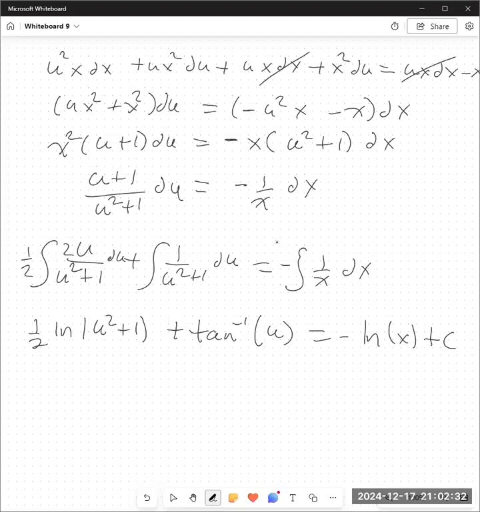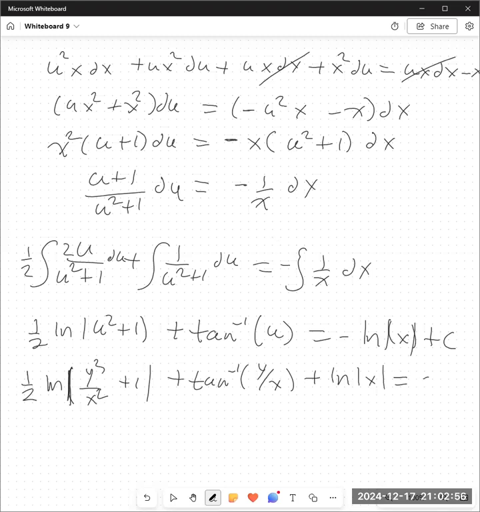And so that's going to be 1/2 ln of absolute value y squared over x squared plus 1 plus arctangent of y over x plus ln of the absolute value of x here is equal to c.